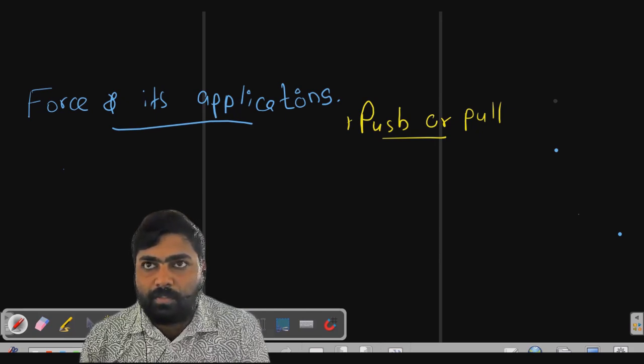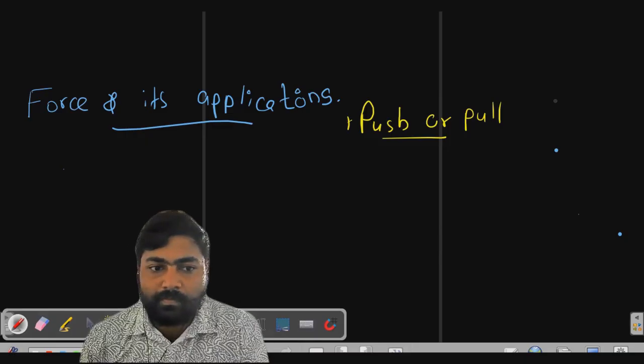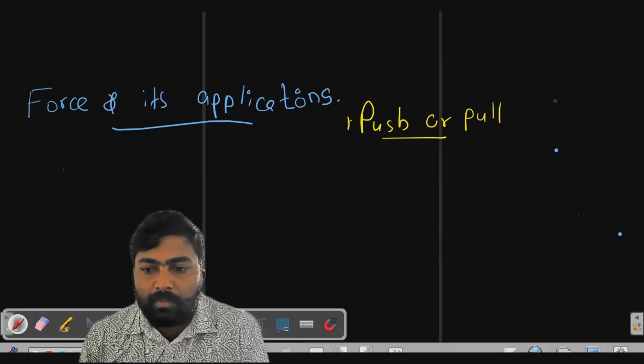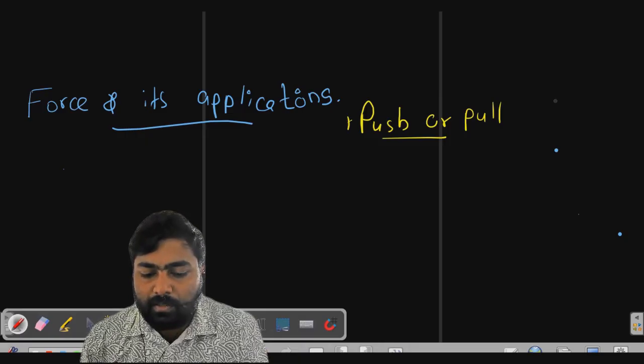This is our basic knowledge now. From grade 6 onward, we have learned about this one. When force is applied on an object, it can move. What else? Think like this. The object is moving, and we apply a force on that object.